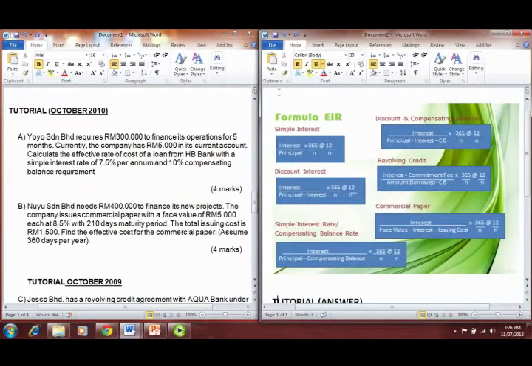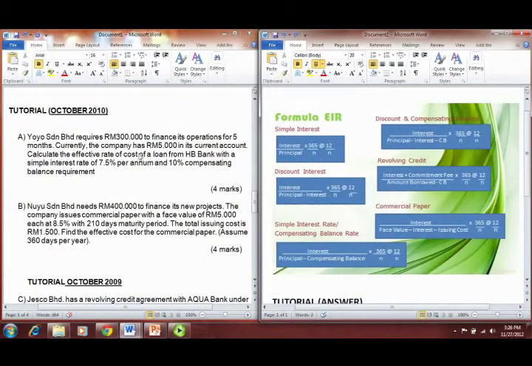From the question you need to identify whether it is simple interest, commercial paper, revolving credit, discount and compensating balance, or simple interest rate and compensating balance. So from the question you need to extract the information, then you can know which formula you need to use to calculate. Those on your right side are all the formula to calculate EIR, effective interest rate.